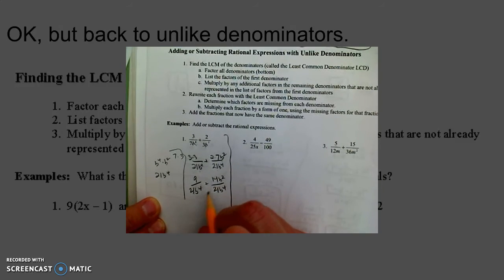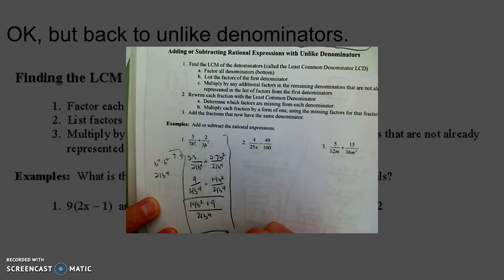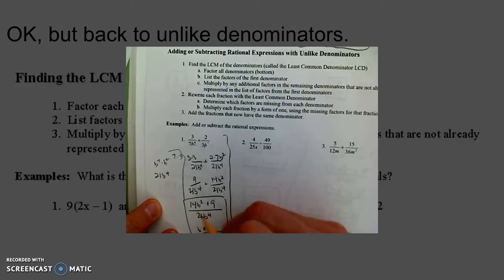Alright, so now I have 14b squared plus 9, no common factors there, over 21b to the 4th. Nothing here can be simplified, and clearly b cannot be equal to 0.